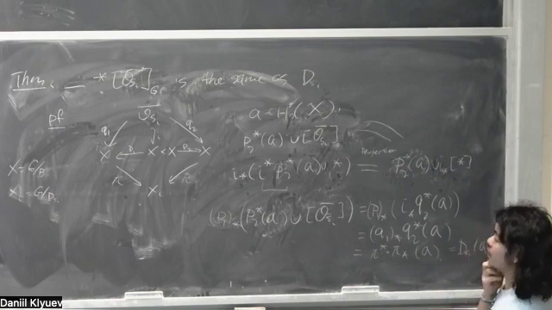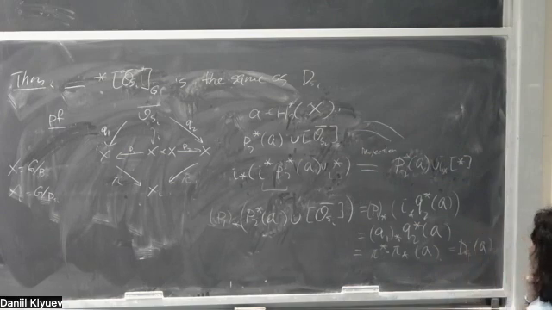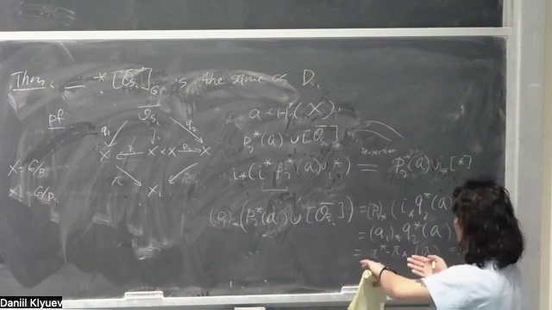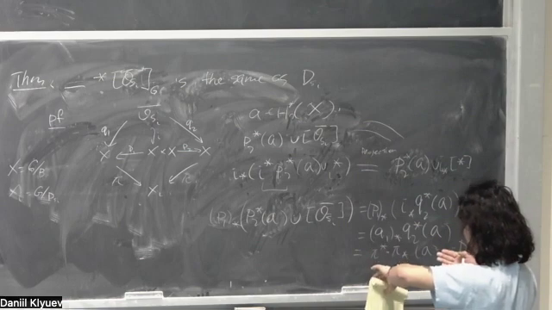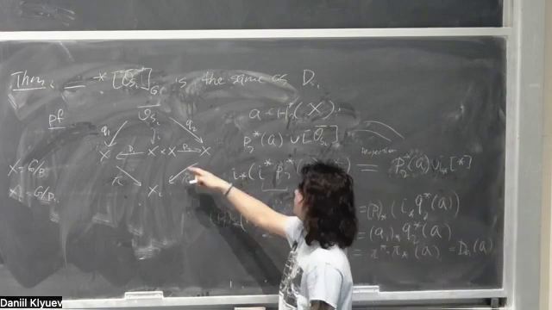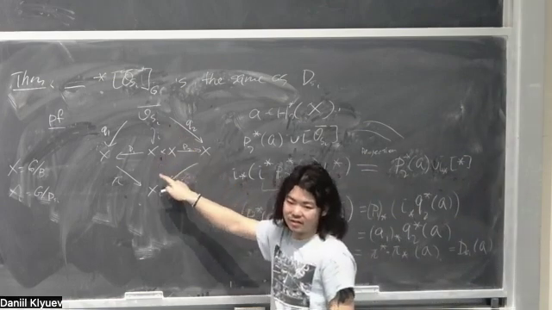I have a question. Yeah. How come this is convolution? Well, what we did is, I have something like this, a class in here, right?